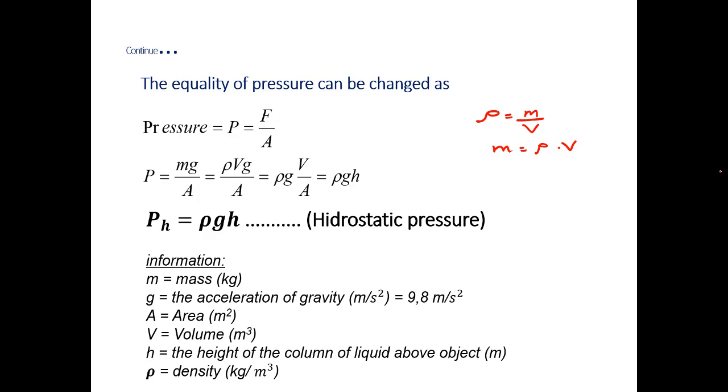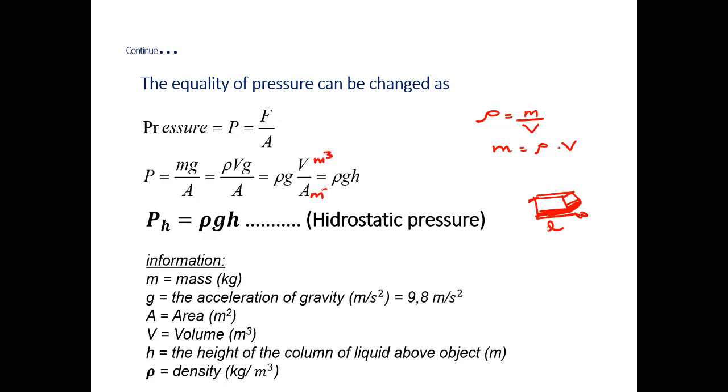Area, you know area? When this is the object, the area is length and width. Length multiplied by width. And also next, we have rho g volume per area, and volume, as you know, is meter cubed, right?